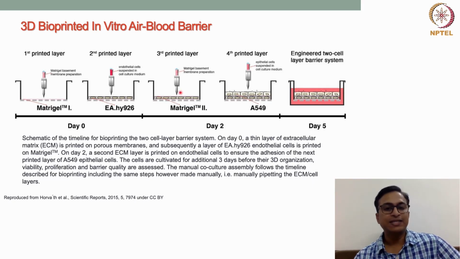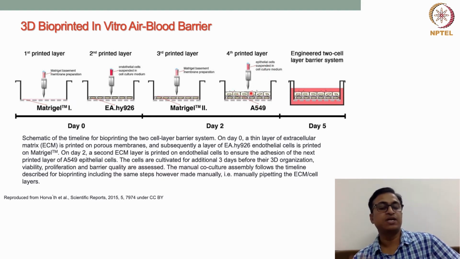So that they form a nice monolayer structure. And then on day 2, they printed another layer of matrigel basement membrane on top of these endothelial cells. Subsequently the epithelial cells, also suspended in cell culture medium, were printed on top of the second matrigel layer. Here they used the A549 cell line, an alveolar epithelial cell line. So what do you see here?